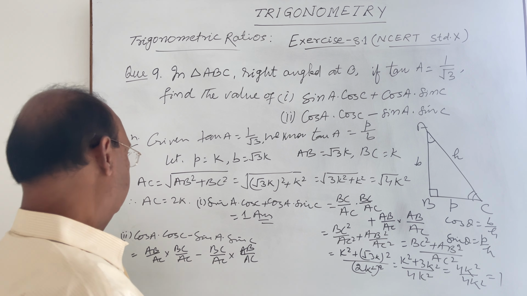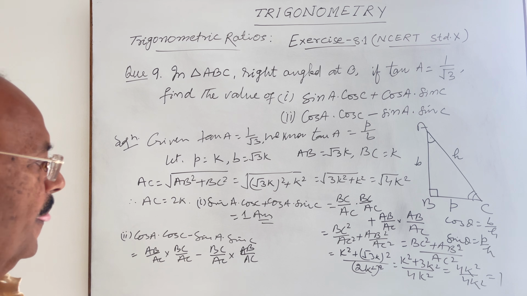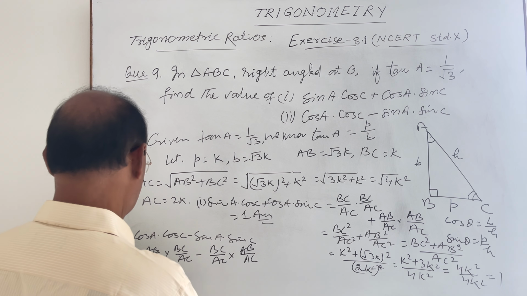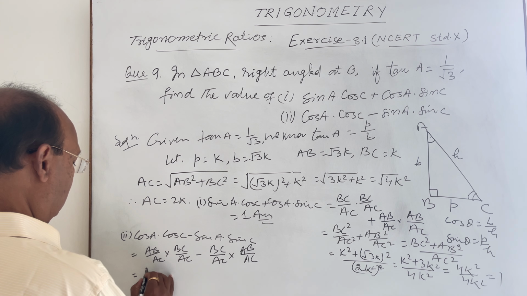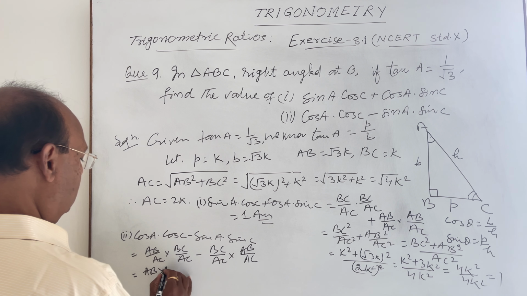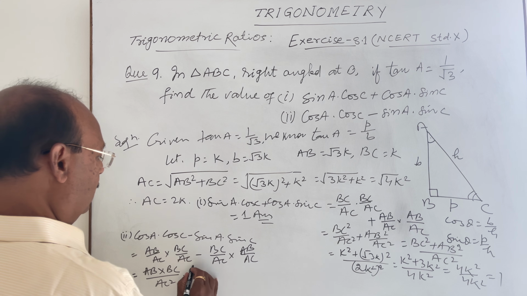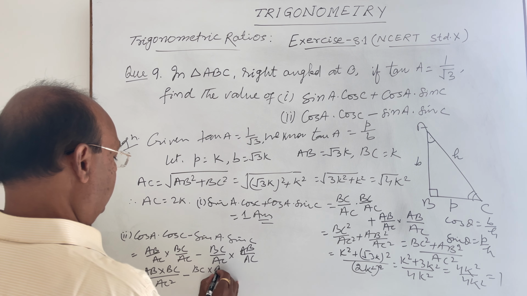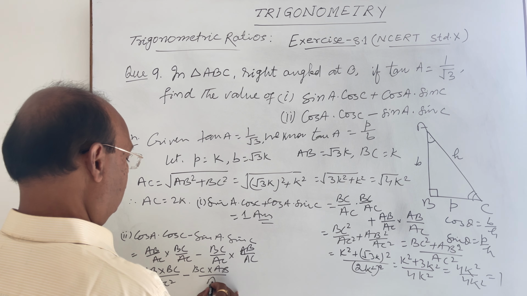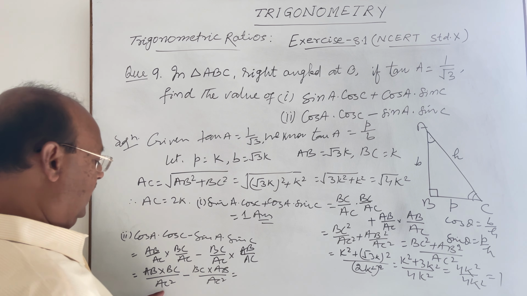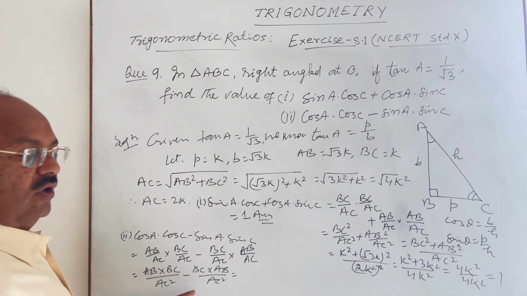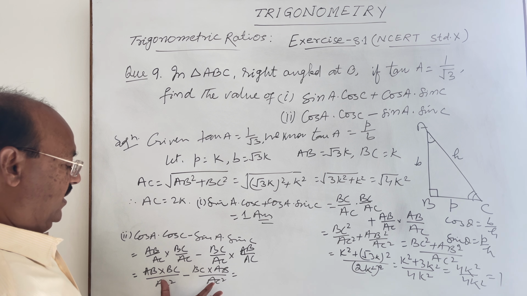AB by AC. Correct? And this is equal to AB into BC upon AC square minus BC into AB upon AC square. Here AC square is common in both the denominators.